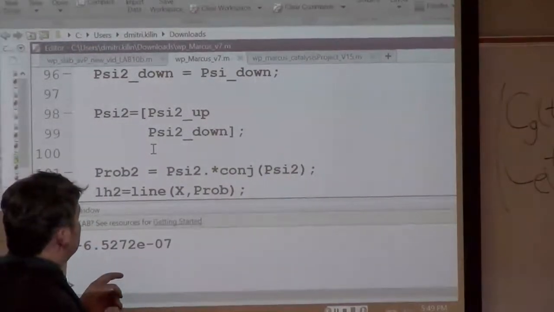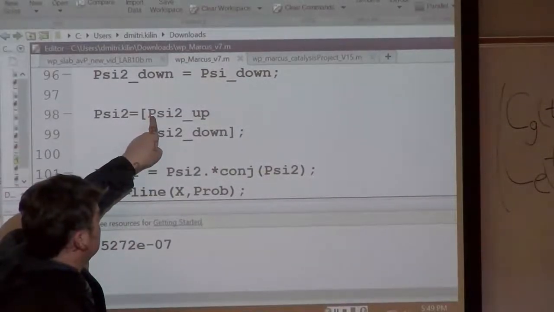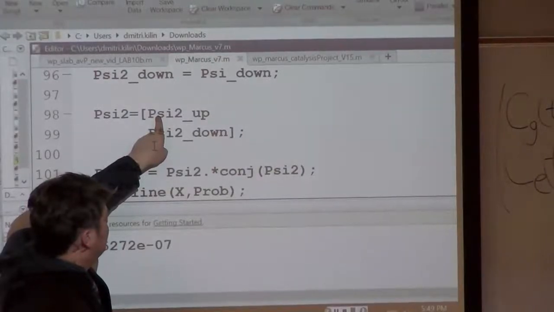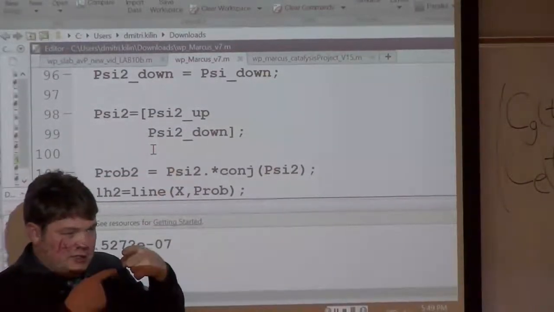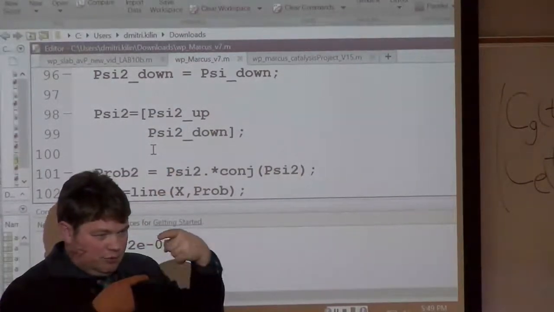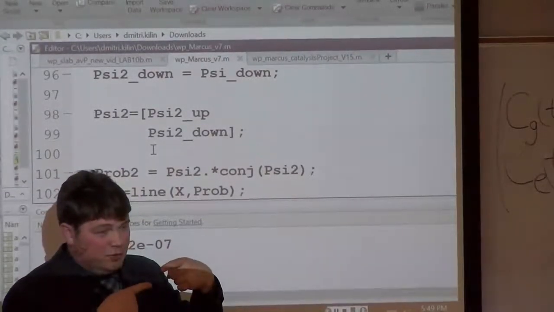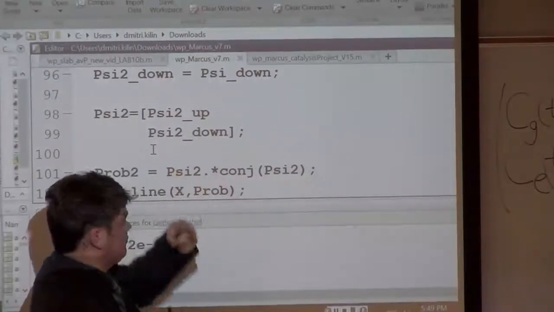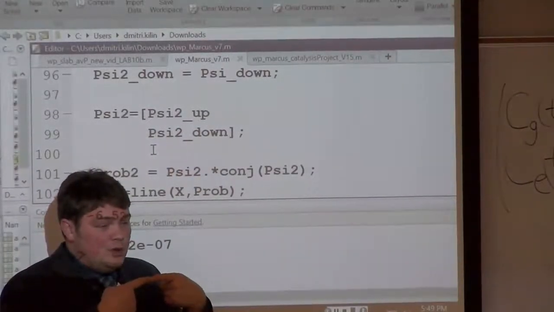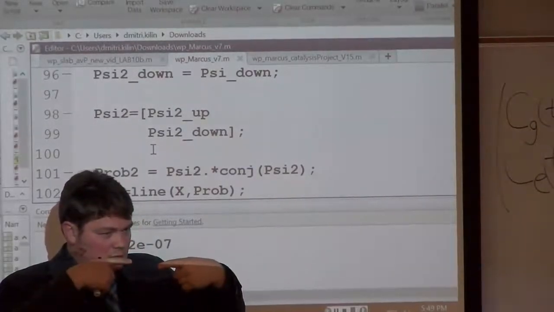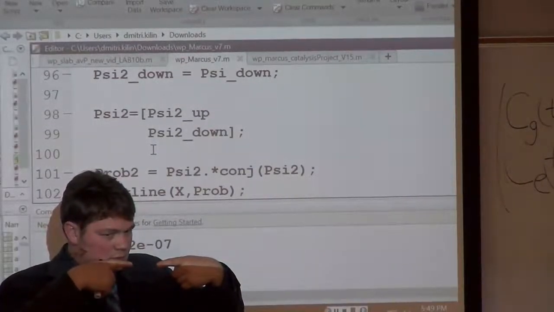So we define the wave function that has two components, one for ground, another for excited, or one for up, another for down. We can store them in the same data set back to back.